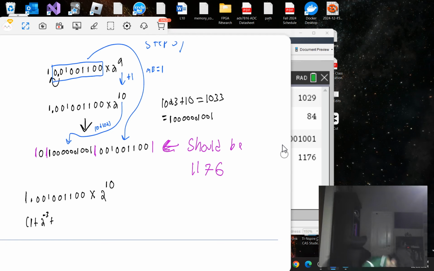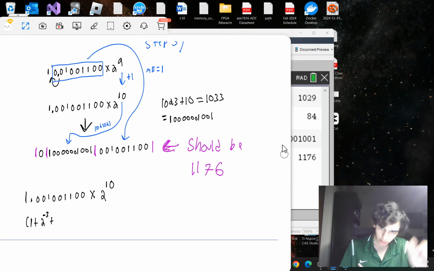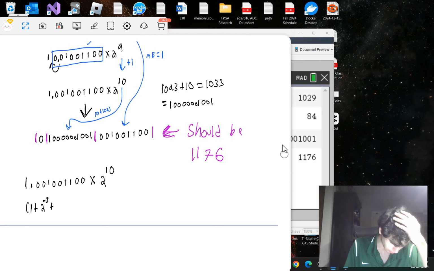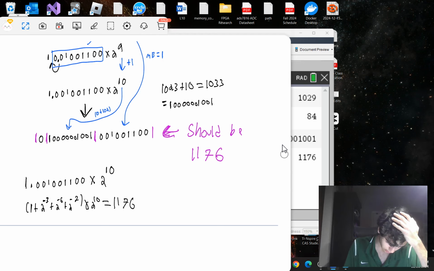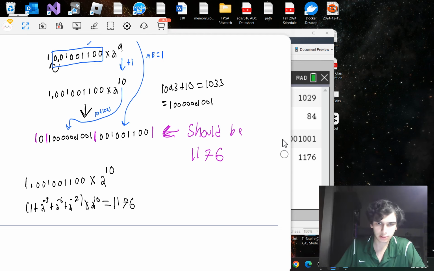Oh, hold on. Okay. So then that'll be 2 to the negative 6 plus 2 to the negative 7 times 2 to the 10. And that should be that. It better be. So let's see.